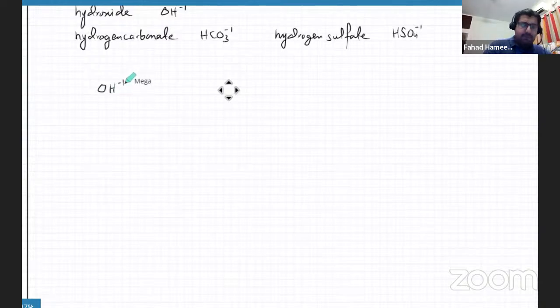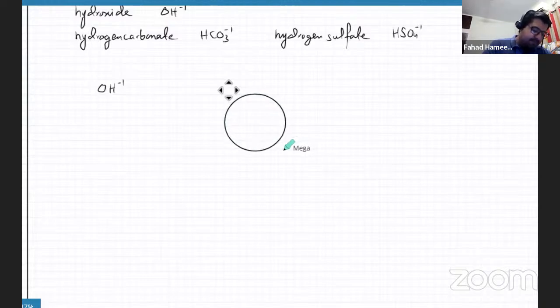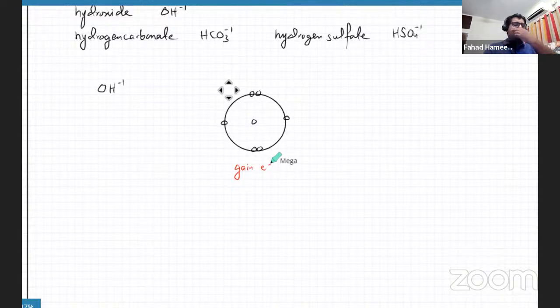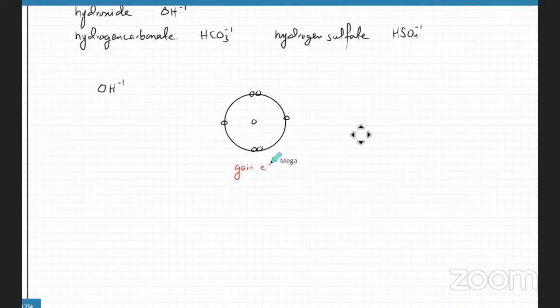So when it comes to chemical bonding, you've got an oxygen atom, right? An oxygen atom is in group 6, so it has 6 electrons in its outer shell. An oxygen atom is a non-metal. Non-metals really like to gain electrons. They always try to gain electrons from other elements. So how many electrons can oxygen gain at the moment? 2.